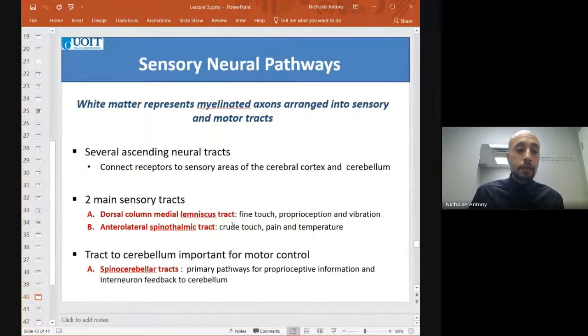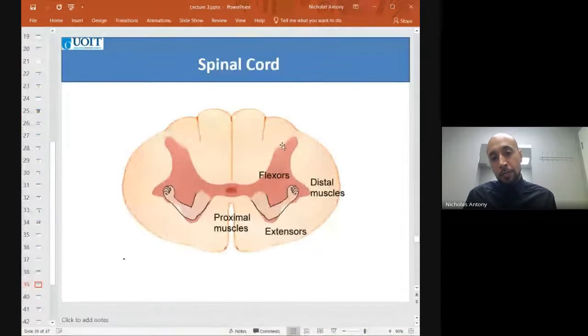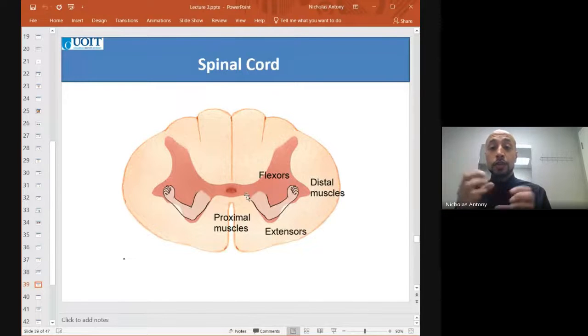Okay. Now, the last thing that I wanted to touch on was those tracts. If we go back up a slide, all of this white matter represents myelinated axons. Those axons are grouped together based on a particular function into what are called tracts.